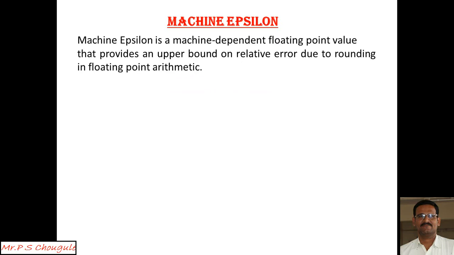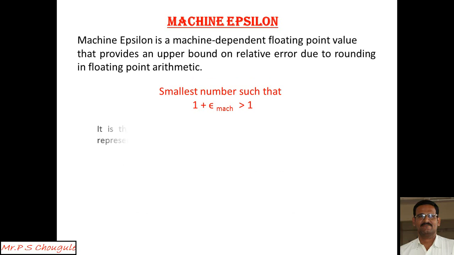Next one is the machine epsilon. It is a machine dependent floating point value that provides an upper bound on relative error due to rounding in floating point arithmetic. I will explain this one with an example. What does it mean? The smallest number such that 1 plus machine epsilon is greater than 1.